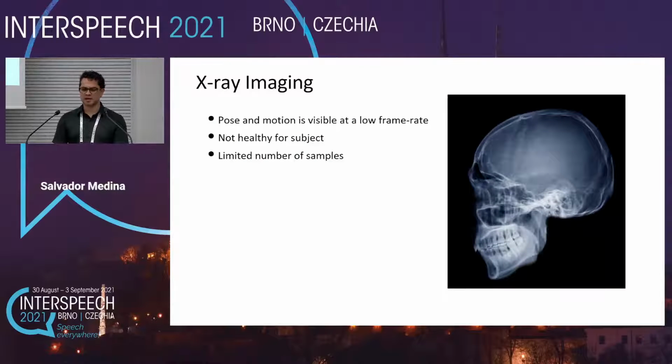For instance, as Vincenzo told us before, X-ray has been used, where you can actually see the pose and the motion, with some caveats. One of them would be a low frame rate, even though the technology has kept on advancing. However, this is not healthy at all. You cannot expose a subject to radiation for long periods of time. Therefore, you cannot generate a large-scale data set based on this.